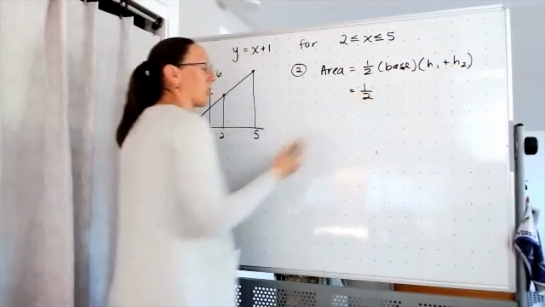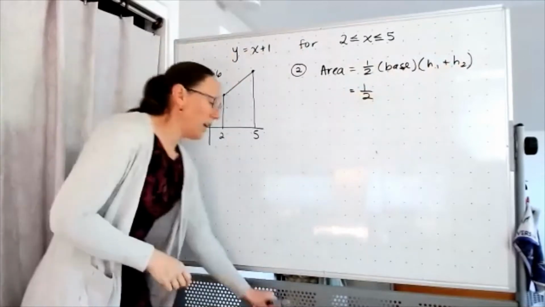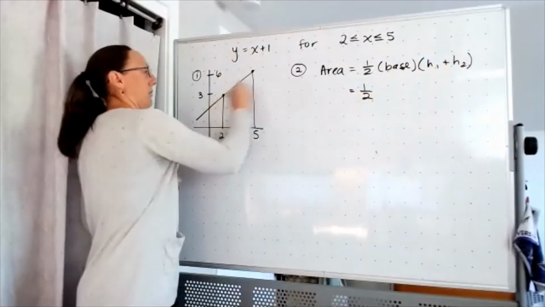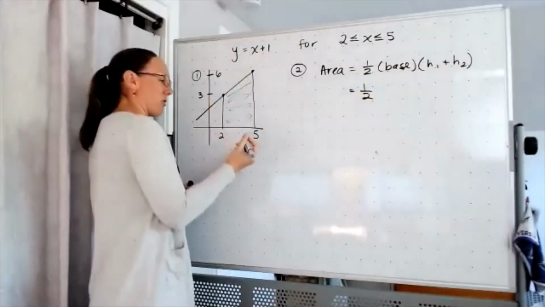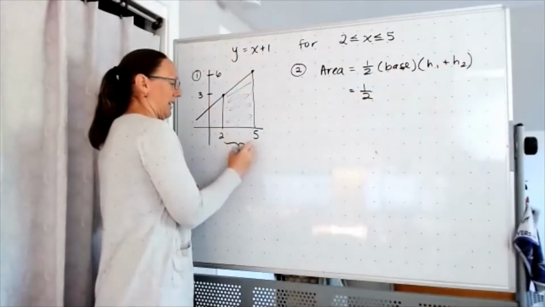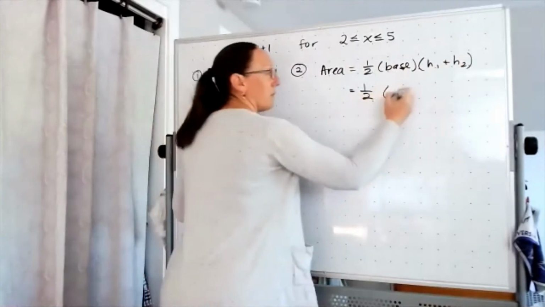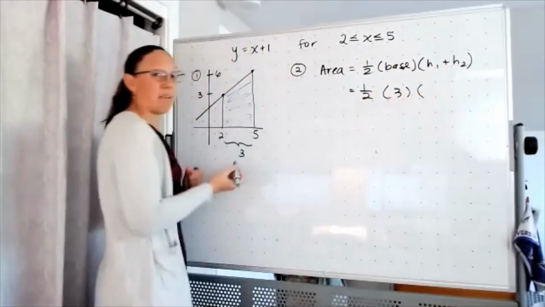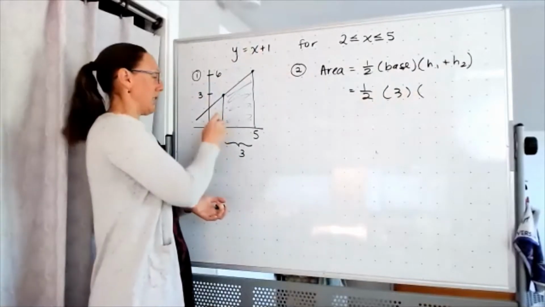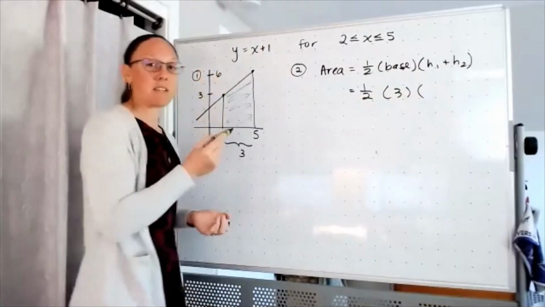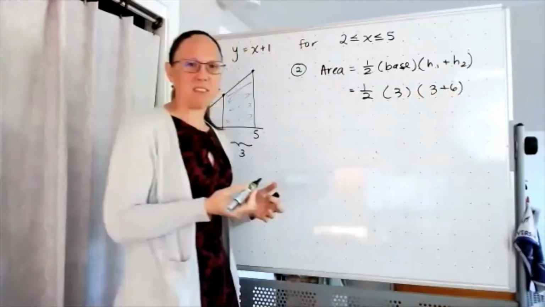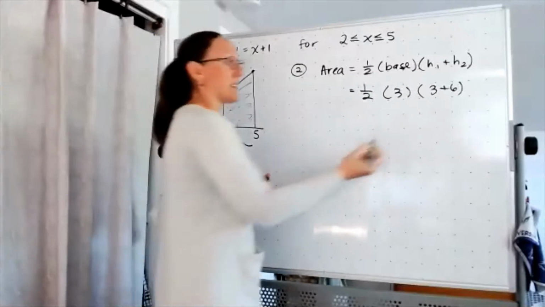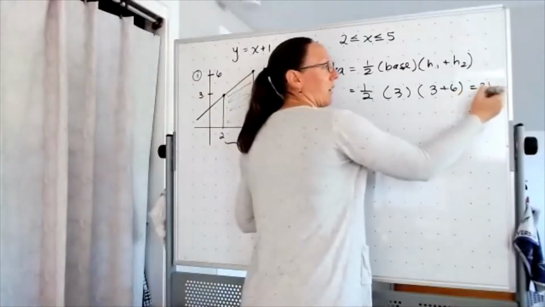So looking at our picture here for the trapezoid we're talking about, the base of that trapezoid is 3. And I've already labeled my 2 heights. So I've got a height of 3 and a height of 6. And you could have left it at that, or you could multiply that out and it works out to be 21/2.